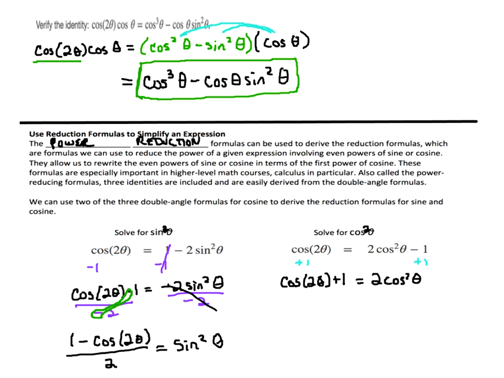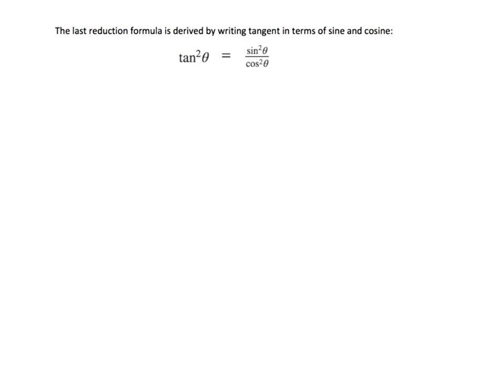And then I just divide by 2. Simple enough. And I get that the cosine squared of theta is equal to cosine 2 theta plus 1 over 2. And of course it could be 1 plus cosine 2 theta over 2. All right.